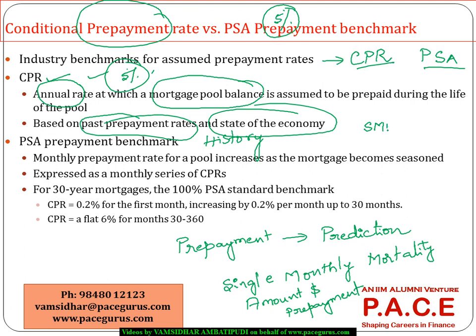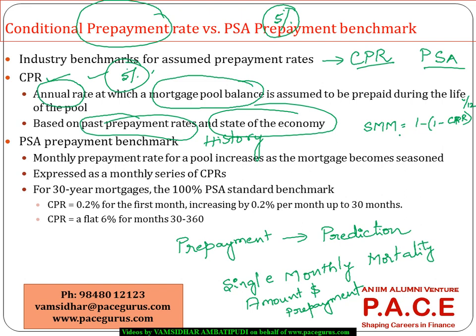The more common formula here is: single monthly mortality equals 1 minus (1 minus the conditional prepayment rate) to the power 1 by 12.